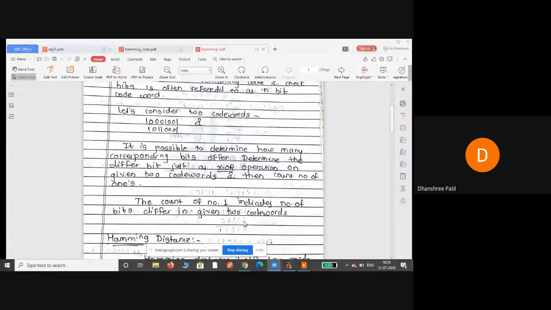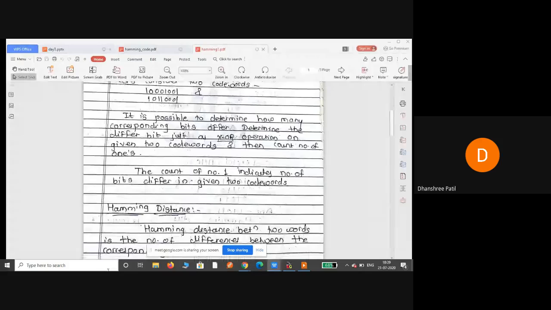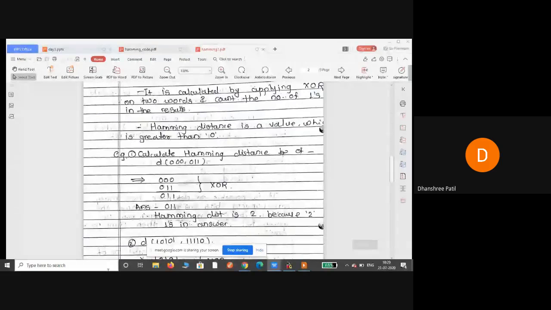Remember the definition. Now, how is this Hamming distance calculated? See here, for example, this one.